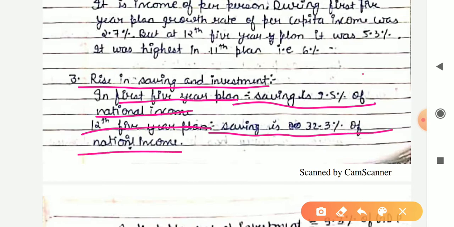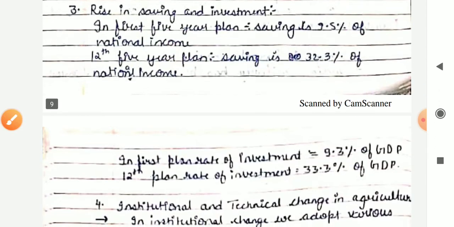So there is a large increase, approximately 4 times, from 9.5% to 32.3%. You can also search the present saving of our country.